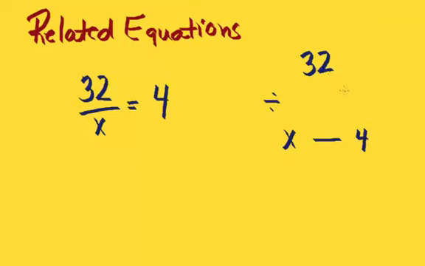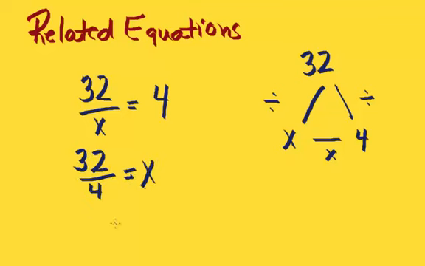So that means 32 divided by 4 is going to give us x. x times 4 is going to give us 32. So another related equation would be 32 divided by 4 would give us x. And then we have 4 times x gives us 32.